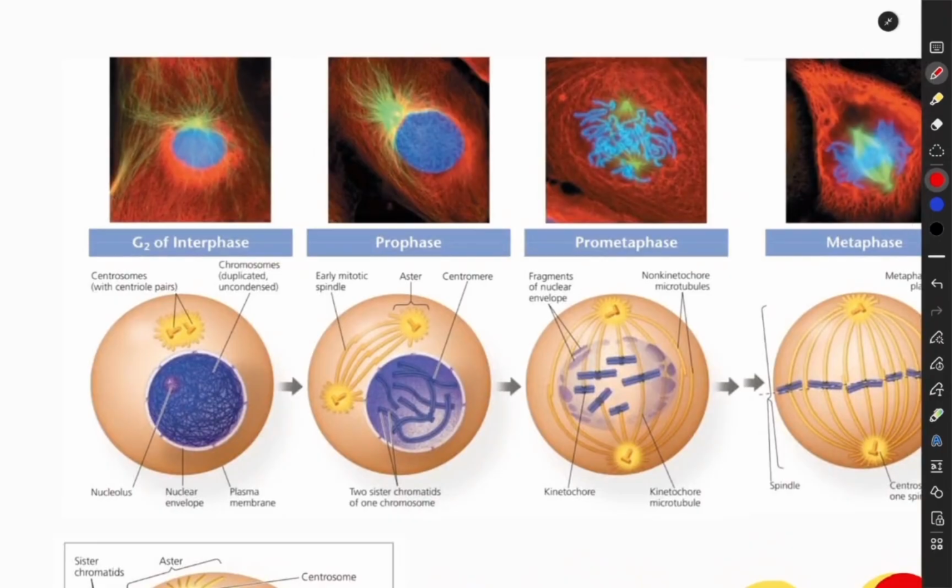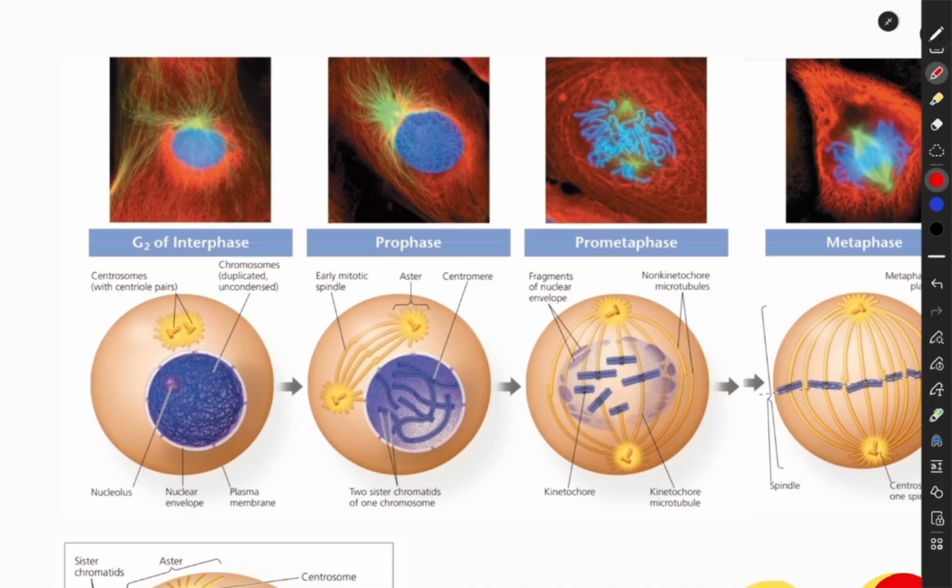So as we can see, a nuclear envelope encloses the nucleus, and it also contains nucleolus. And we have these two centrosomes, which are duplicated from one centrosome. Centrosomes are regions in animal cells that organize the microtubules of the spindle.